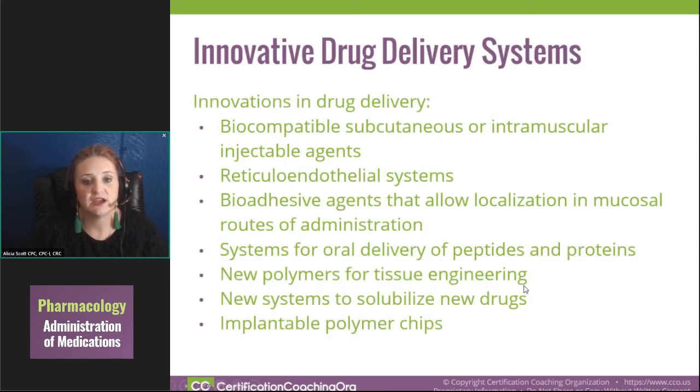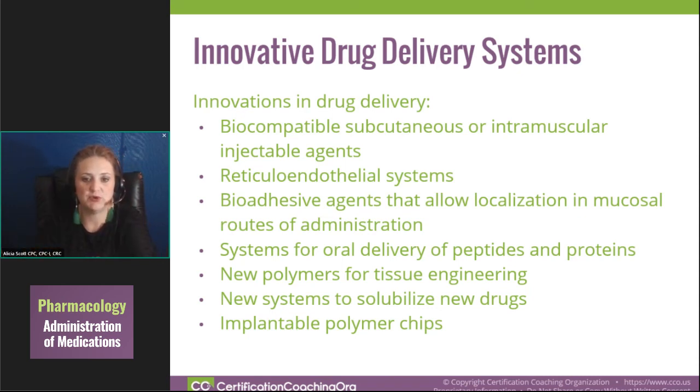We have innovative drug delivery systems. This is all new that's happening. There are biocompatible subcutaneous and intramuscular injectable agents that they've come up with, and bioadhesive agents.